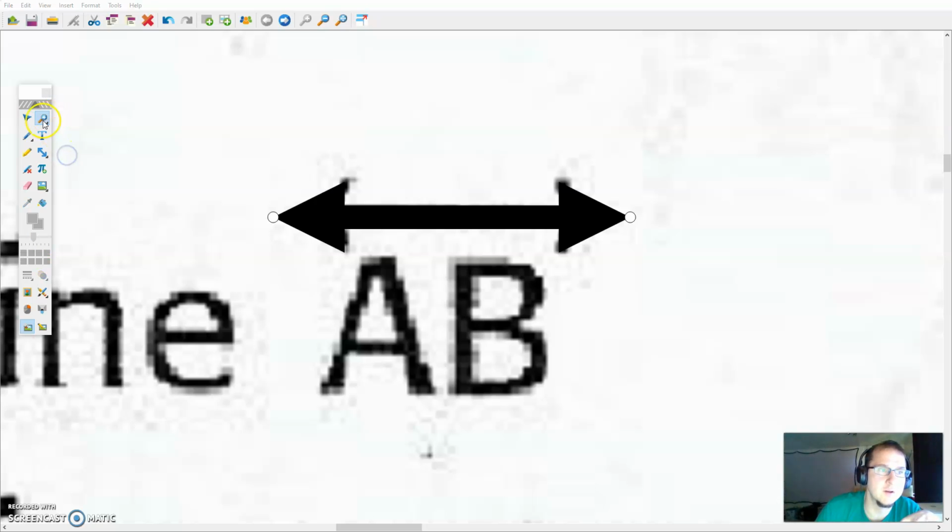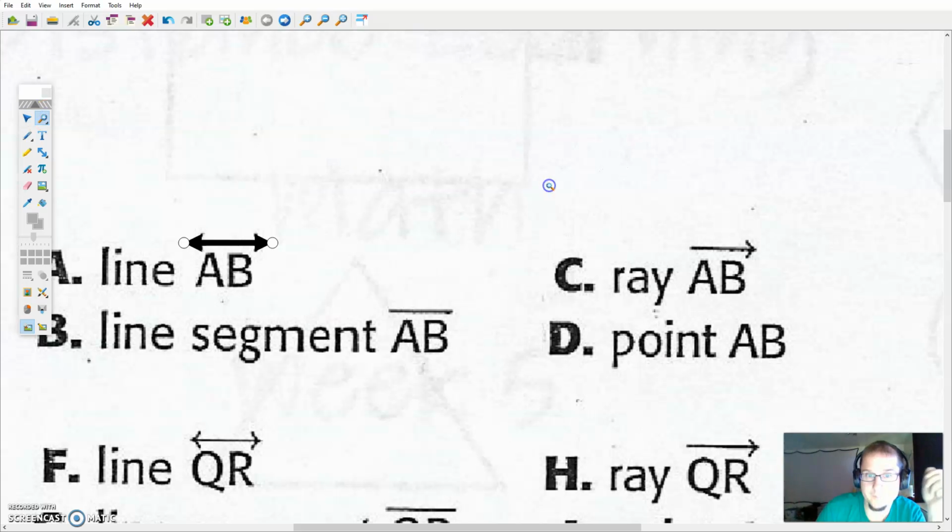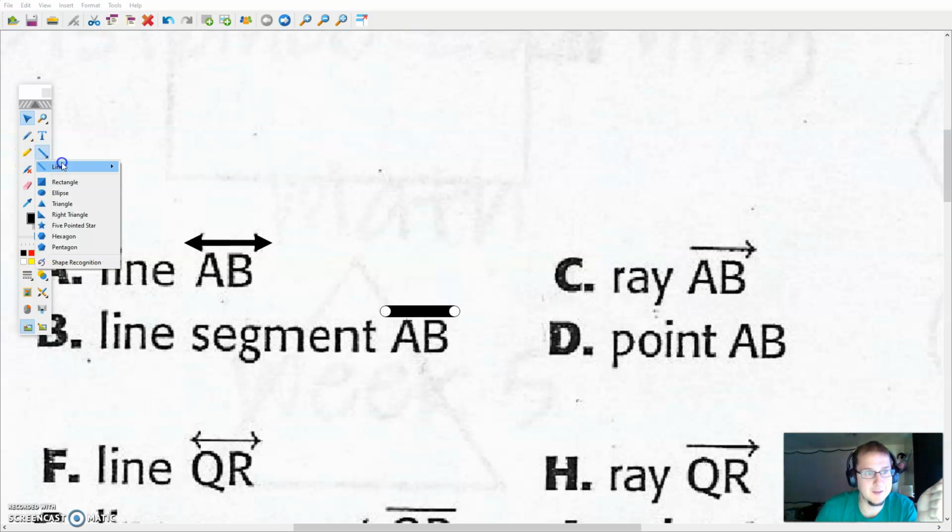If you look at the line segment there, you'll notice that it is just the line. There's no arrow on either end of it. It's just the line over top of it. If there's no arrows, that's what tells us it's the line segment.